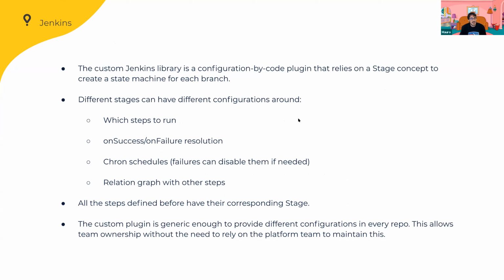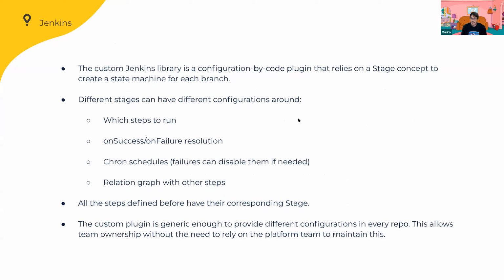So yeah, basically all of this turns around Jenkins. As Roldan mentioned, we have our own Jenkins library, which is a configuration by code plugin that relies on the stage concept. So every branch can have different stages, and each stage can have different steps to run. So different stages can have different configurations.